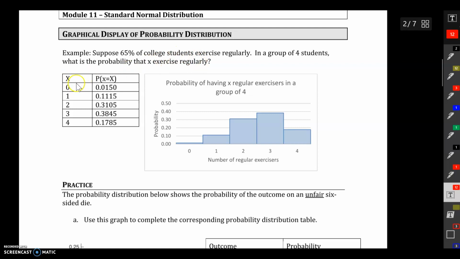So we could ask, what's the probability that no one exercises regularly, or 1, 2, 3, or 4? And if we know 65% on average exercise regularly, then we could calculate all of those different probabilities that are listed in the table, right, using our tree diagram or some other method.